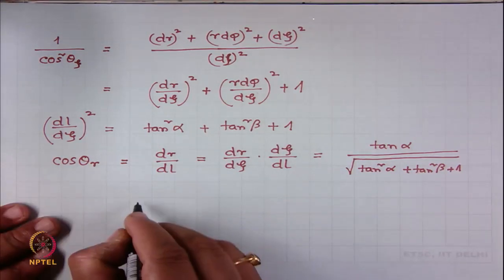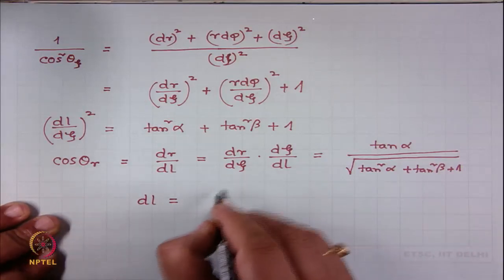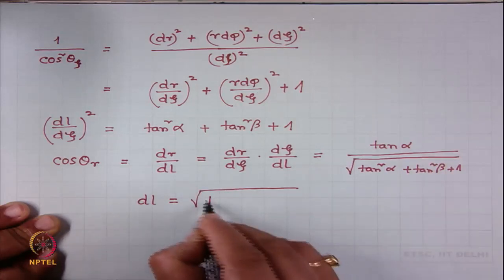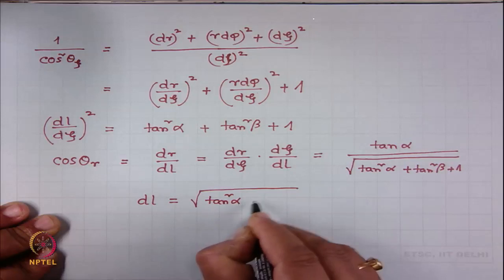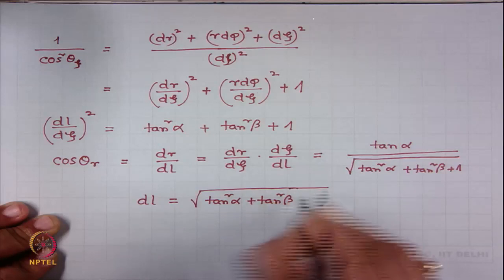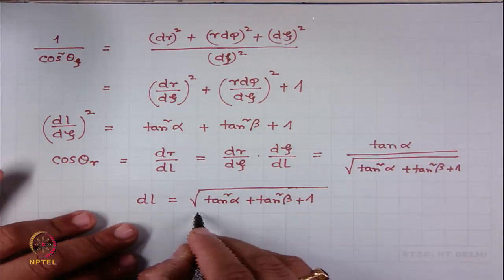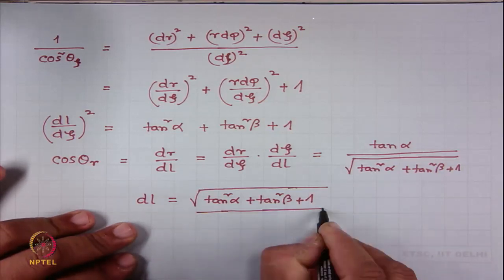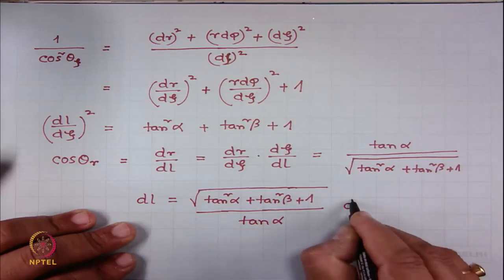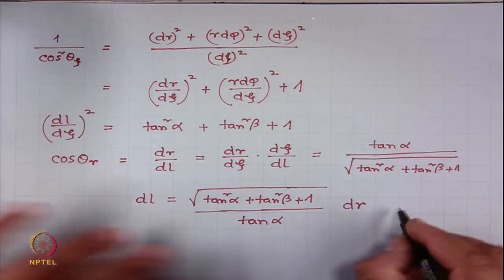So, dl is equal to square root of tan square alpha plus tan square beta plus 1 divided by tangent alpha into dr. This relation is important.